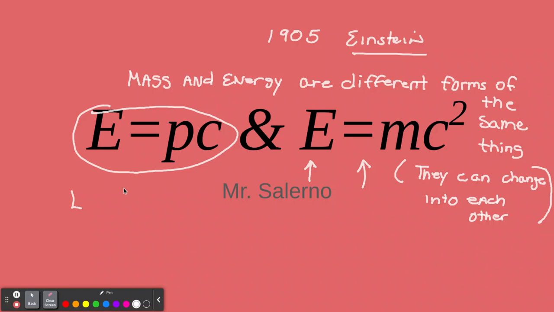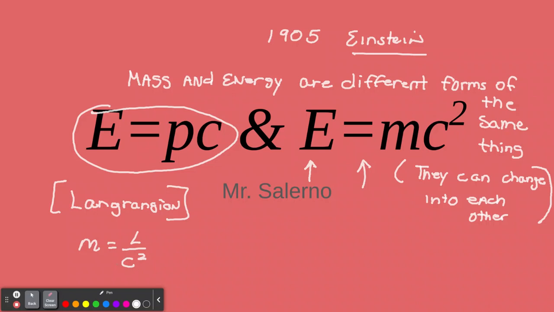I'll write that down, Lagrangian. That's a term we use for kinetic energy now. What Einstein used was mass equals Lagrangian energy divided by c squared, which is the speed of light.